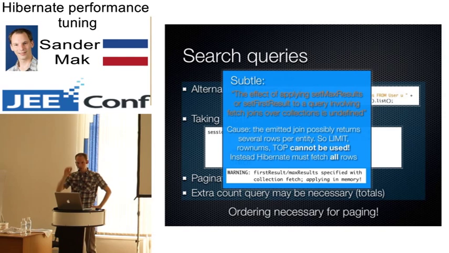And if you think a little bit about it, then it actually makes sense, because in this case, if you have a fetch join from this user to this authorizations, you will have as many rows for the user as there are authorizations for this user. So you really can't do the pagination in the database anymore. You must do it on the client side. So that's something to be aware of as well when doing these kinds of queries.